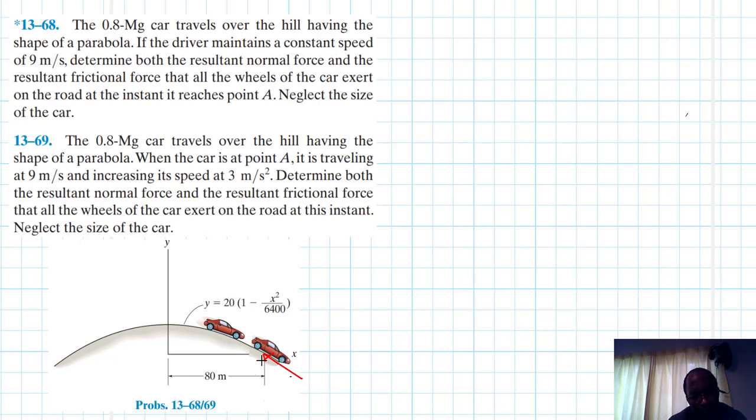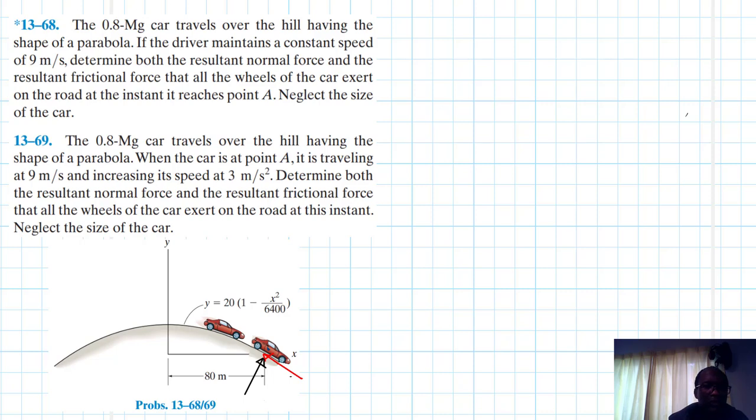Let me draw it properly. Normal, something like that. And then we do have the weight of the car. Let's say the weight of the car is something like this.